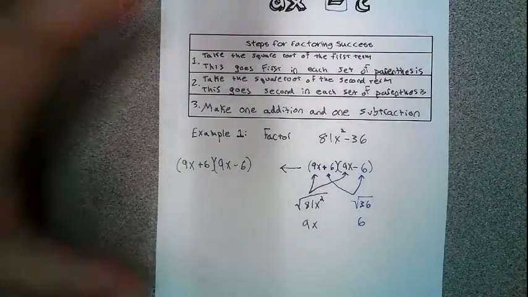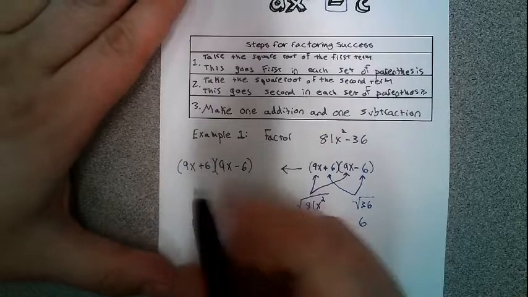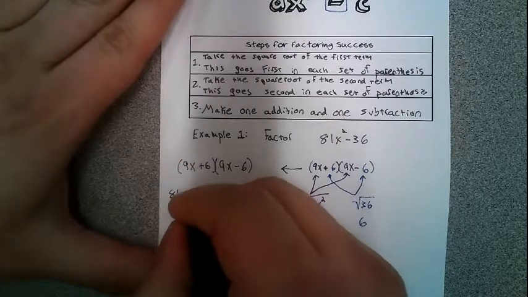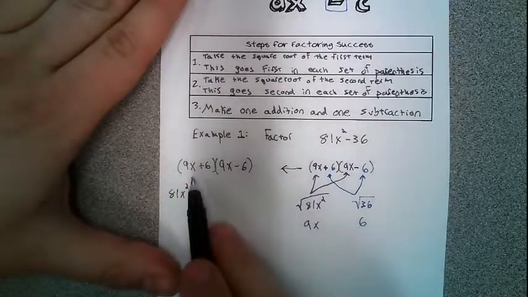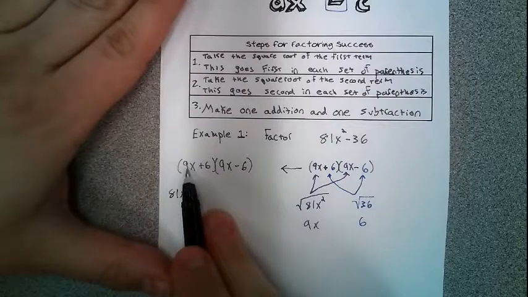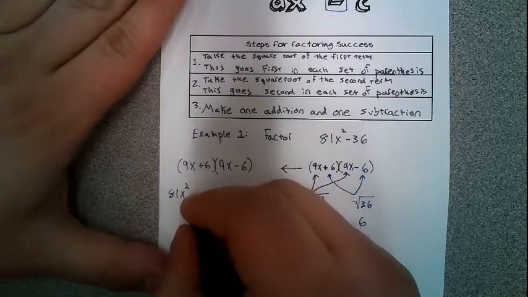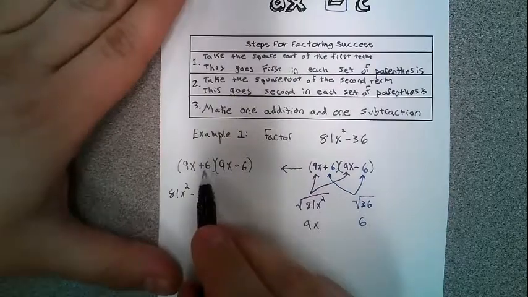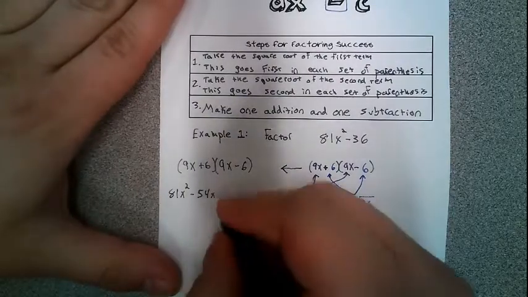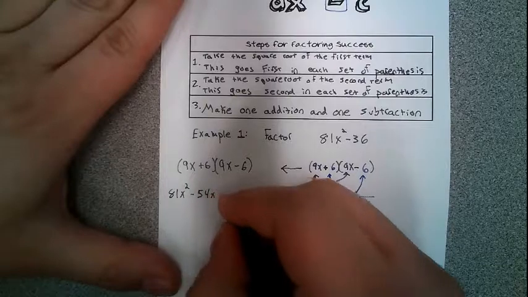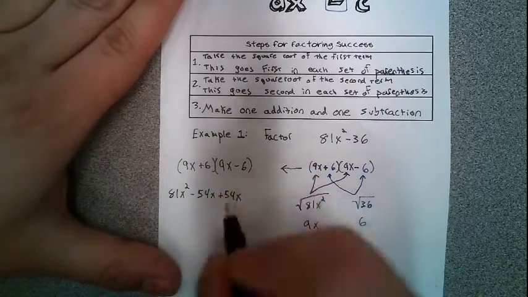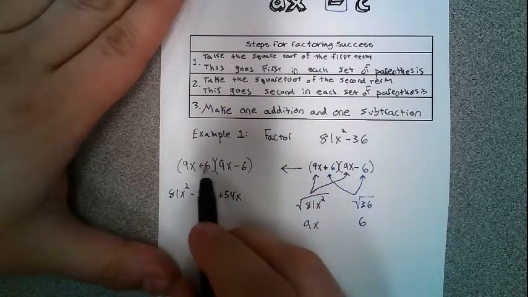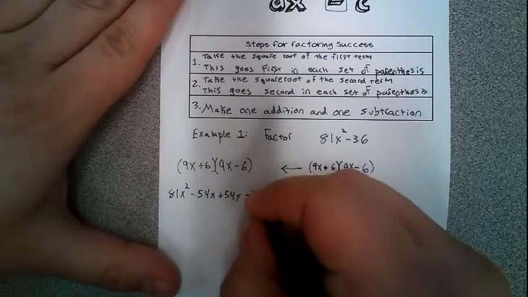And if I were to FOIL to check that, 9x times 9x is 81x squared. Outside, 9x times negative 6 is negative 54x. Inside, 6 times 9x is positive 54x. These cancel. 6 times negative 6 is negative 36.